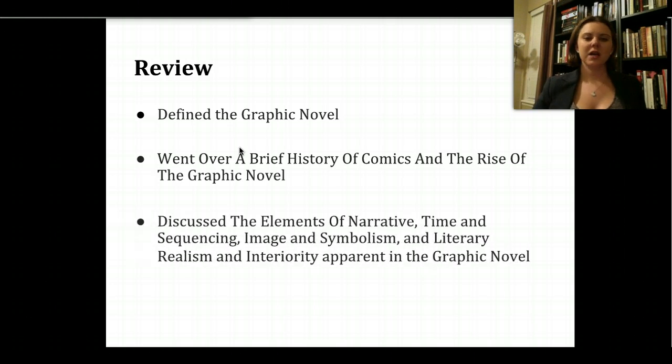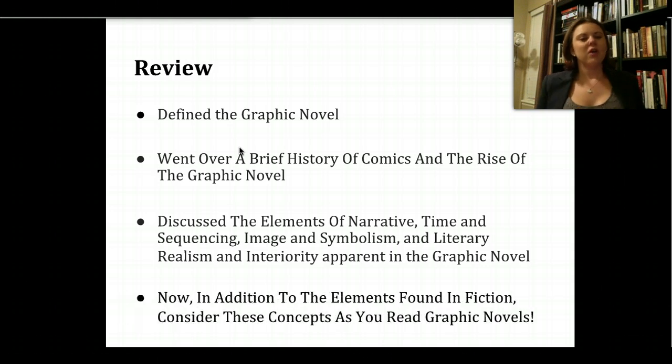And then we discussed the elements of narrative, time and sequencing, image and symbolism, and literary realism and interiority apparent in the graphic novel. These are all elements that help to make the graphic novel considered literature and launch many graphic novels into our literary canon.